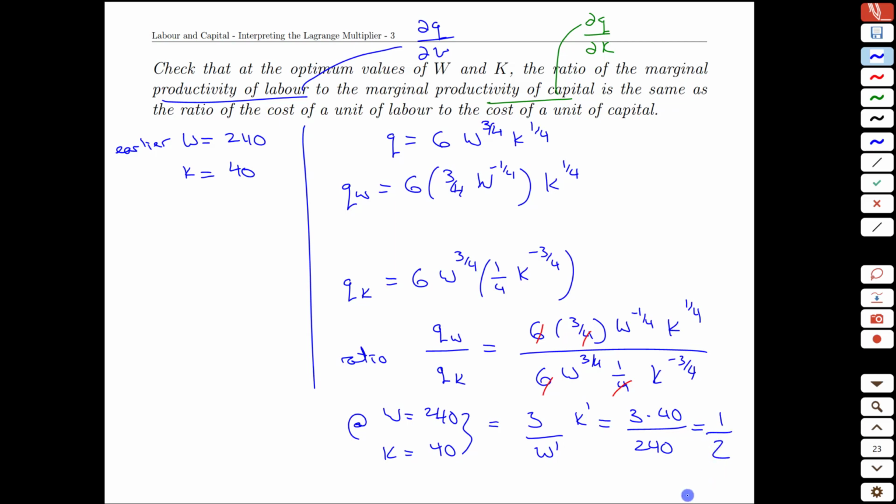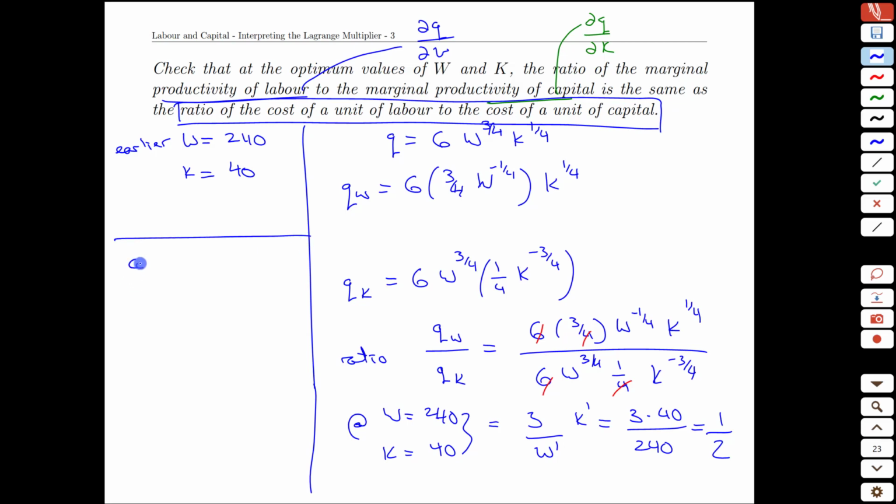Okay, interesting. What the economic theory tells us, though, is that that ratio of 1 to 2 is also related back to how much it costs for each of those things. We're also asked to compare that to the ratio of the cost of a unit of labor to the cost of a unit of capital. Cost of labor was $10.